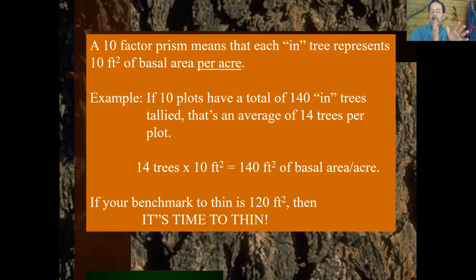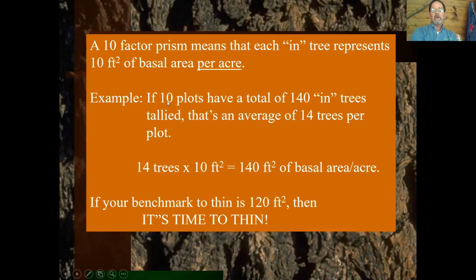You can go back a couple of sessions, where we talked about basal area and what that means: it's the cross-sectional area of a tree at 4.5 feet above the ground, in square feet. And so each tree that we tally with the 10-factor prism represents 10 square feet of basal area.